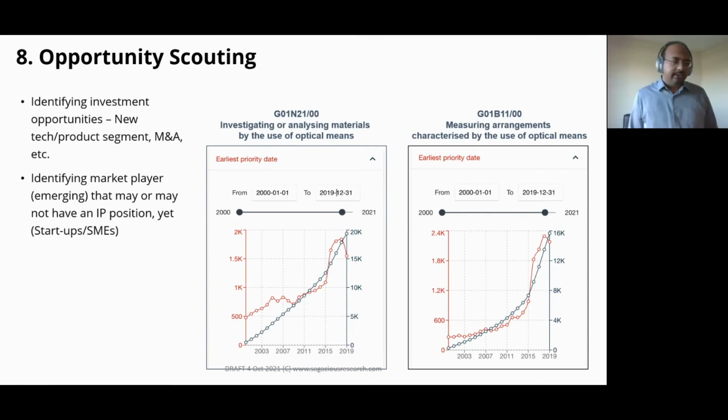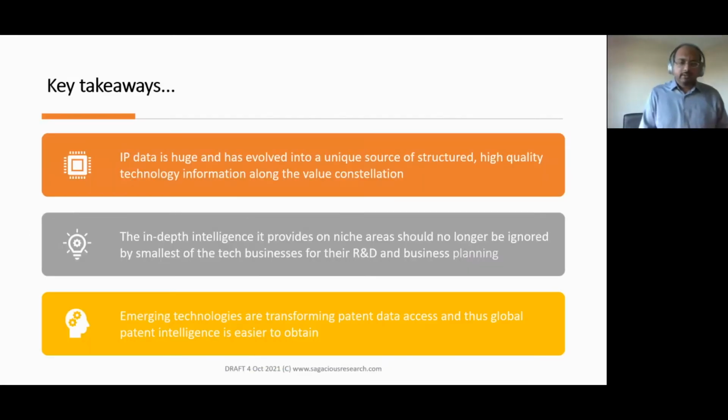So opportunity scouting is another reason why suppliers and end users come to research firms to help them address their issues. So key takeaways here: IP data is huge. It has evolved into a unique source of structured, high quality public information around technologies, and like I mentioned, along the value constellation.